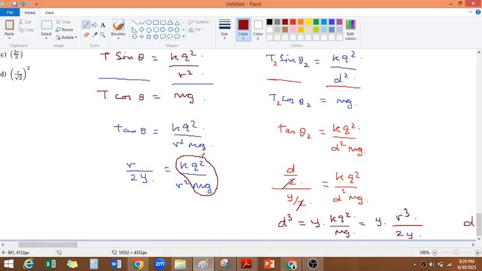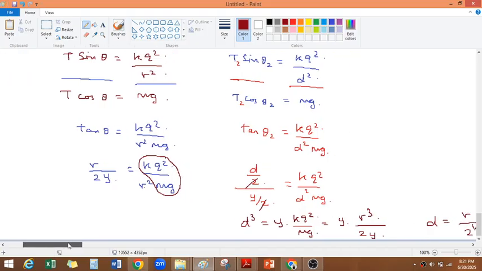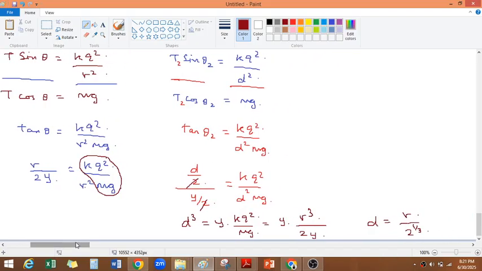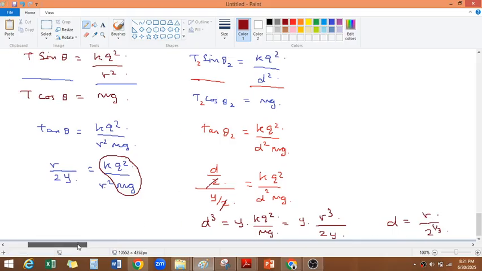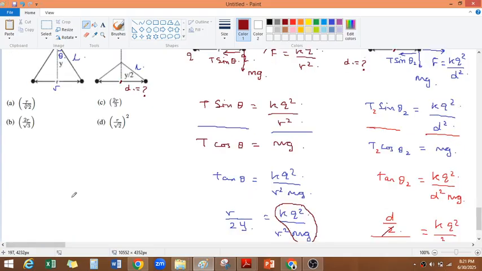Kq squared by mg. If I bring the r here, what will happen? R cube by 2y. I am simply taking this r squared over here so that I can replace kq squared by mg in terms of r. Is that okay? Yes. So y cancels, so r cube by 2. If I take the cube root on both sides, d is r by 2 cube root. Yeah, first one.